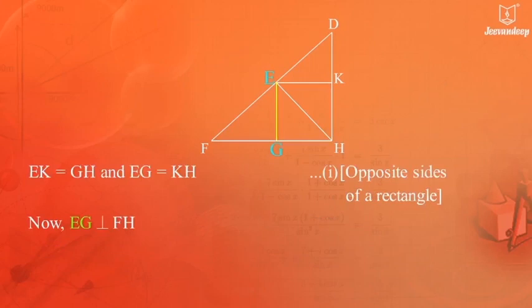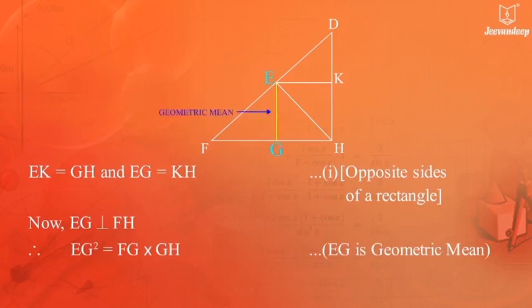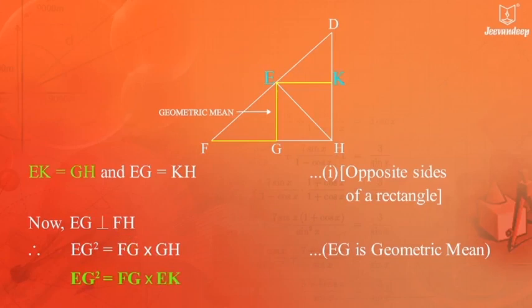Now, EG is perpendicular to FH. Therefore, according to property of geometric mean, EG square equals FG multiplied by GH, or EG square equals FG multiplied by EK, as GH equals EK.